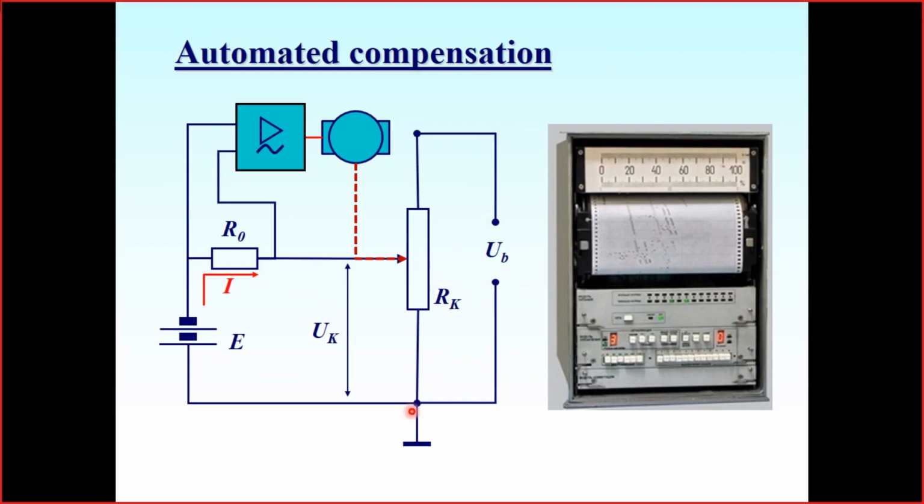Not always, for high class measurement, it may be enough. So we need more accurate measurements that allow us to compare the voltage or electromotive force of our measured source with some very well defined electromotive force or voltage.